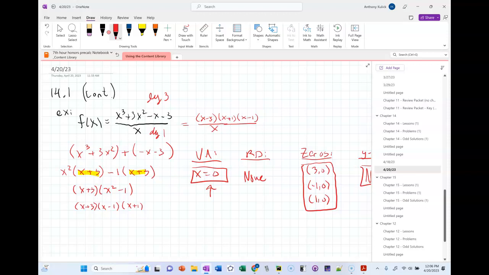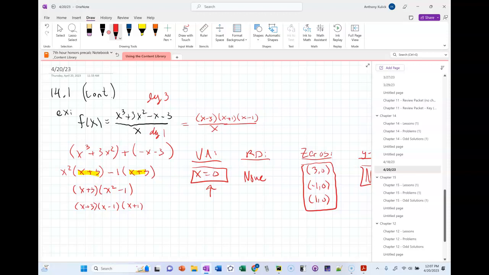If the degree of the numerator is bigger than the degree of the denominator, set the numerator equal to 0? Nope, that's define the zeros. Add? No. You divide. So you have to do the polynomial division here.